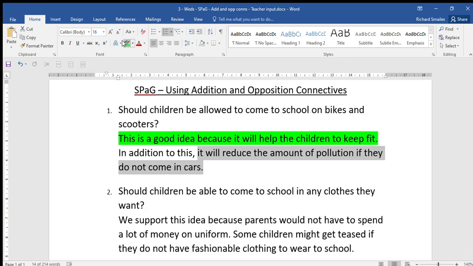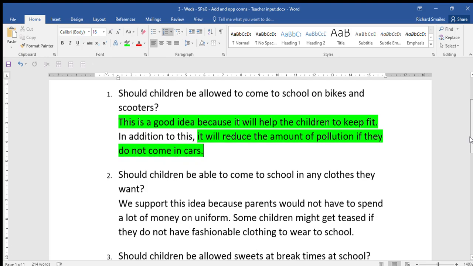That second sentence actually agrees with the first sentence, so they're both in green. And because they're both in green, it means that you use an addition connective. If the sentences agree with each other, you use an addition connective, and that's the one we've got.